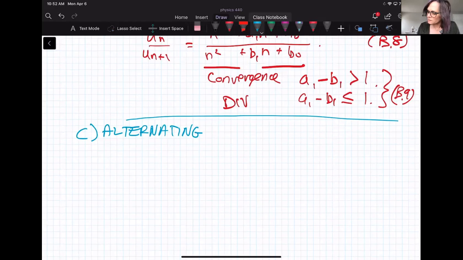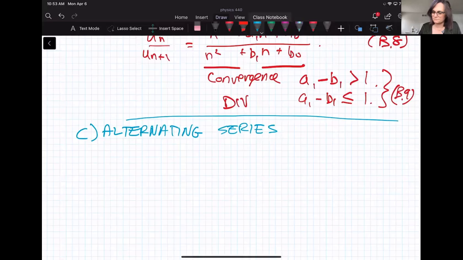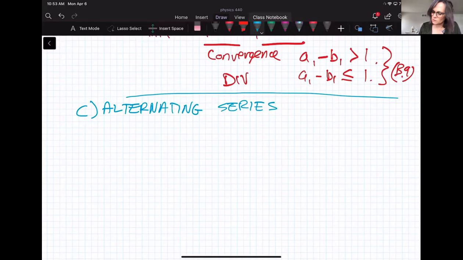Alternating series are, as it sounds, series in which the terms periodically change sign. So let's look at the Leibniz criterion first.